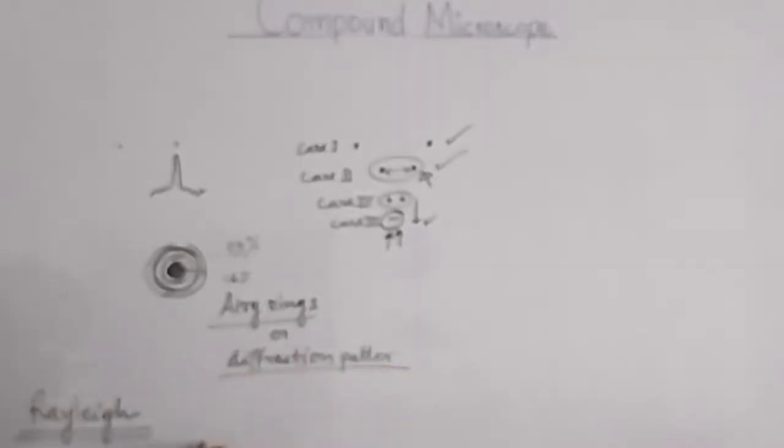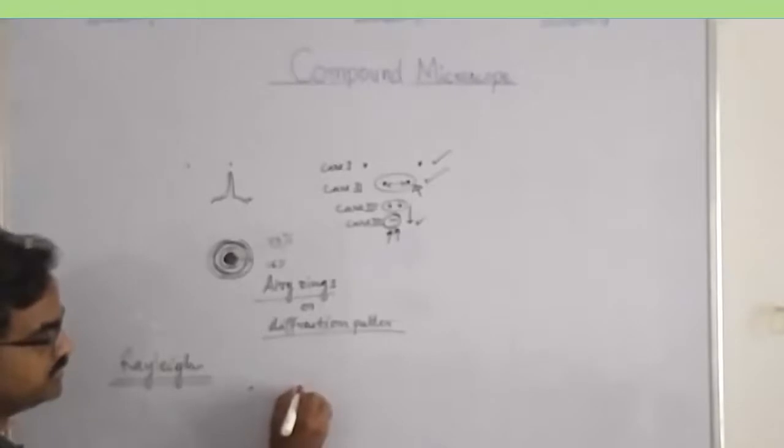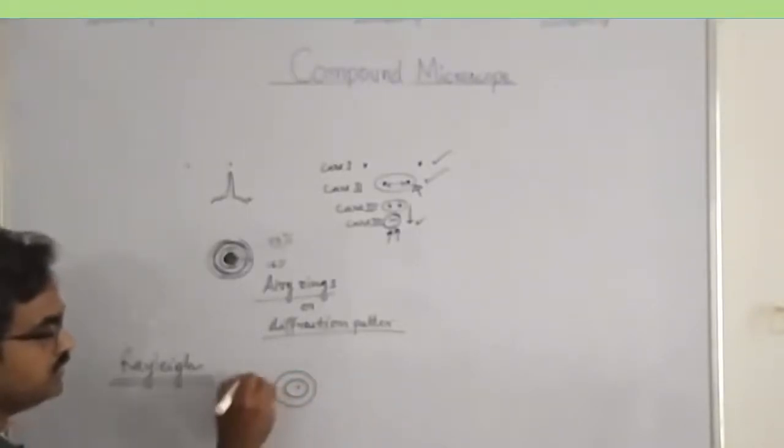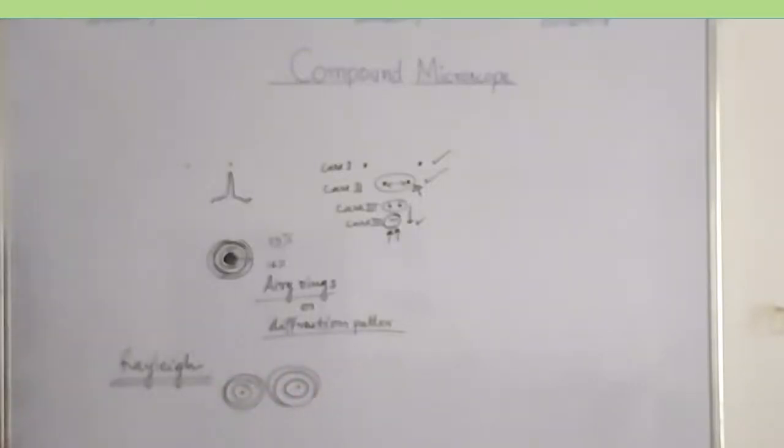If suppose there are two points like this, there will be Airy rings around them, or a diffraction pattern around them.